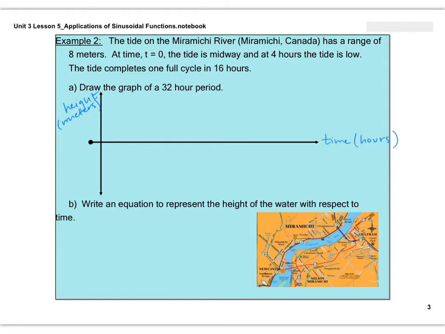Now, time equals 0 to time equals 16 hours is going to be 1 cycle. So I think counting by 4s makes sense because it says after 4 hours the tide is low. So I'm going to go by 4s. Go ahead and label your x-axes by 4s.